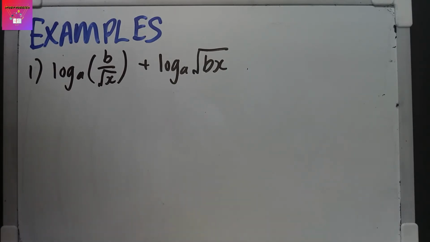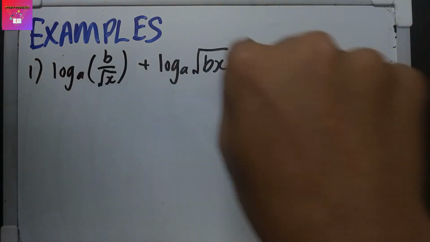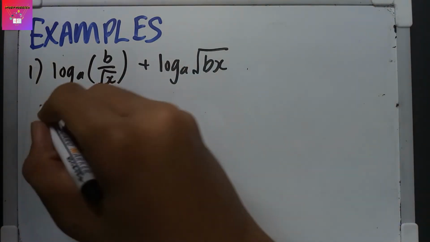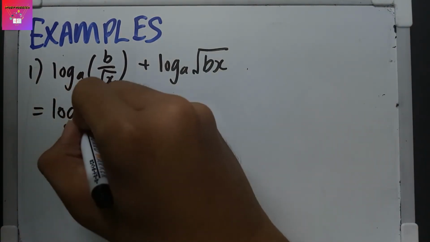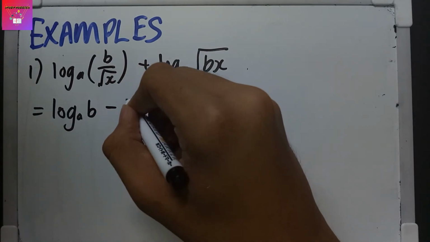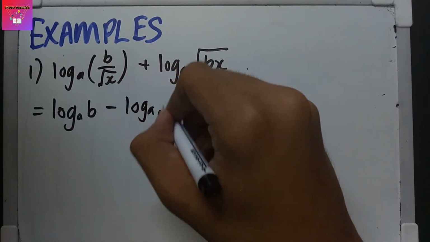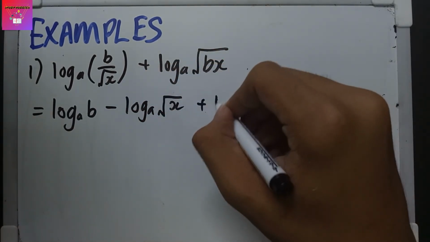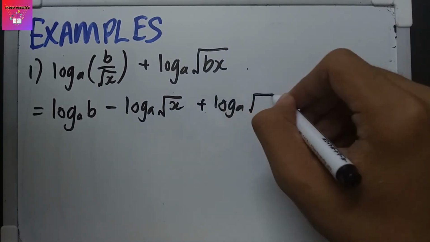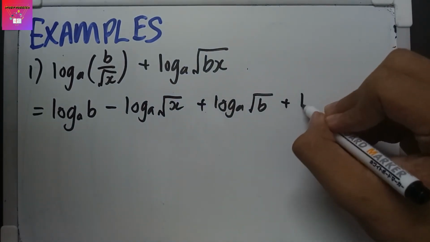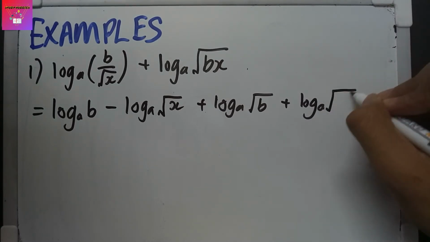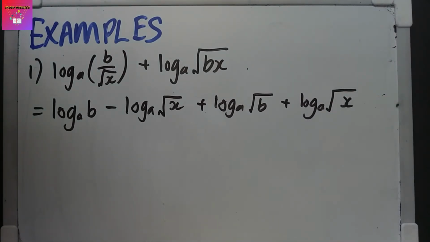So look at this example. Log a of b over square root x, plus log a of square root of bx. What we have to do first when we look at this question is split all of this into individual logs. So log a b minus log a square root x plus log a square root b plus log a square root x.